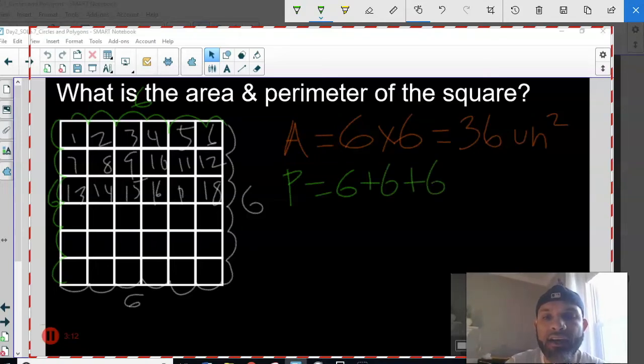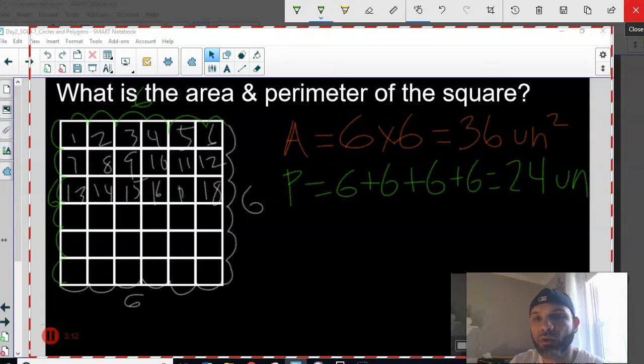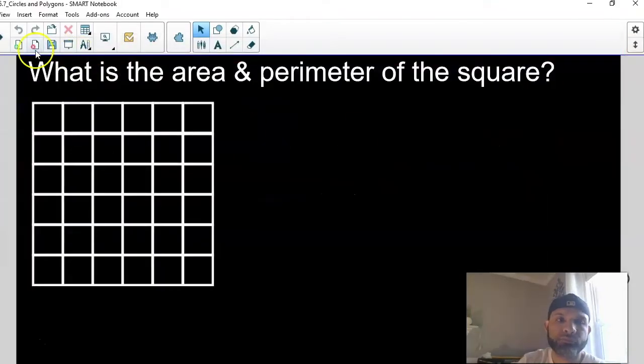If we add up all 4 sides, we'll see that the perimeter is 24 units. Okay, so we know the area and the perimeter, and it's very straightforward, pretty simple for a square.